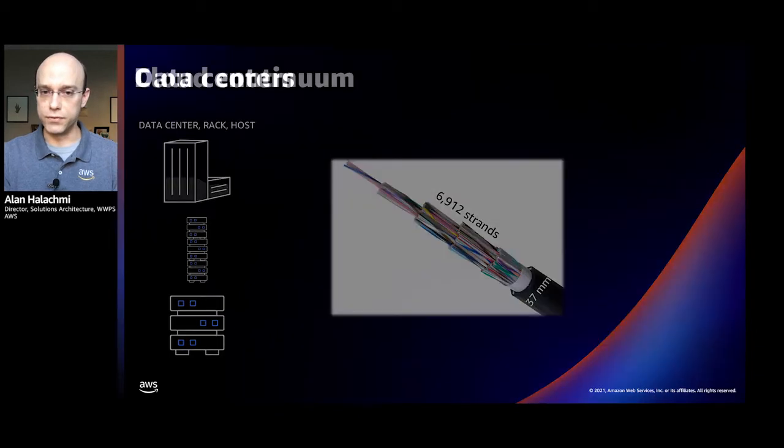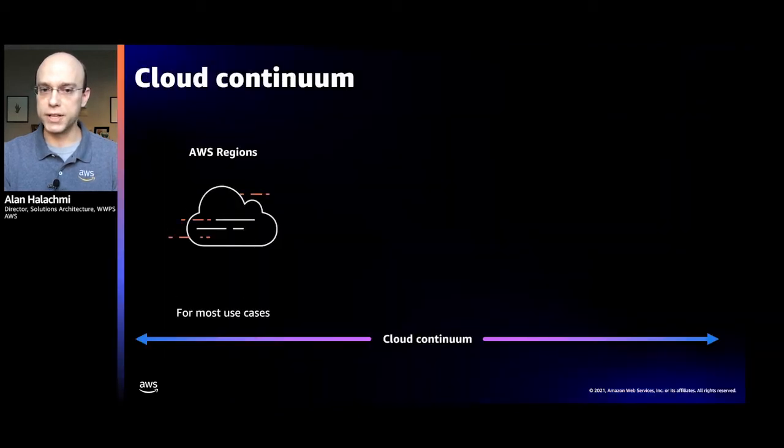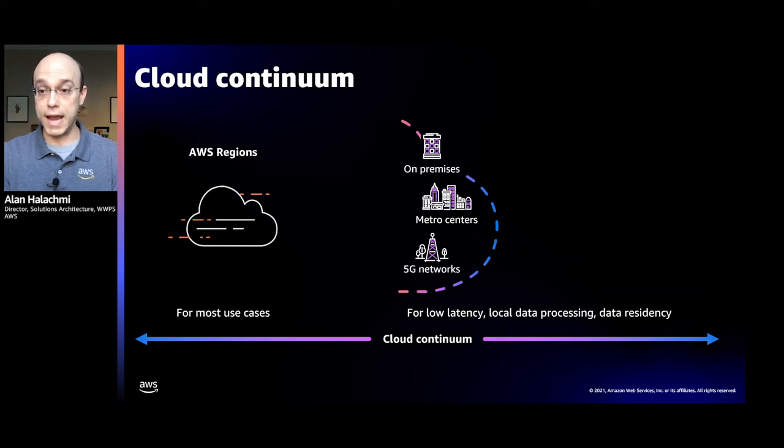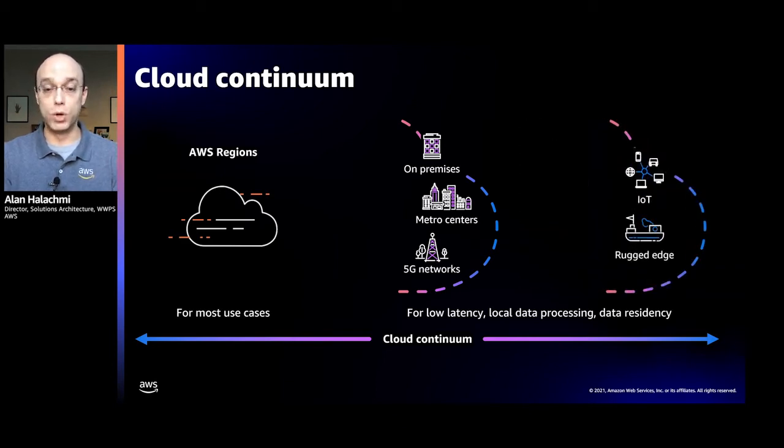From a physical infrastructure perspective, customers tell us they want a continuum of consistent cloud services that extend from regions to network edge, customer premises, and remote locations. They want to operate seamlessly across a multitude of environments, and they want to use the same infrastructure, services, APIs, and tools.